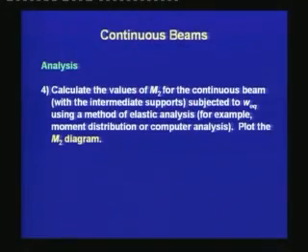The fourth step is to calculate the values of M2 for the continuous beam with the intermediate supports subjected to WEQ using a method of elastic analysis, for example, moment distribution or computer analysis. Plot the M2 diagram.